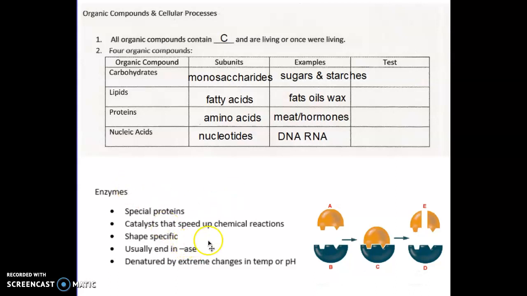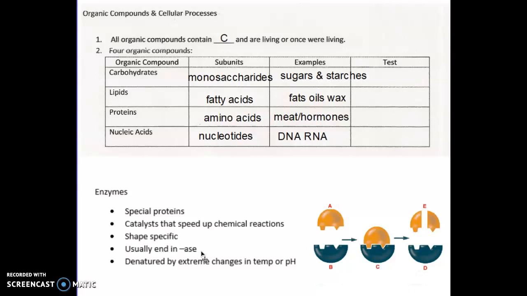Enzymes are shape specific, kind of like a lock and key scenario. This one fits specifically with this one, and that means enzymes are picky. They only work on specific things. If you have an enzyme that breaks down fats, it can't break down any other organic compound. Usually the last three letters are ASE, not all the time.